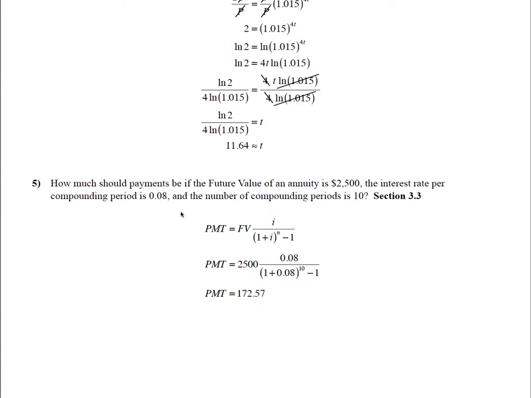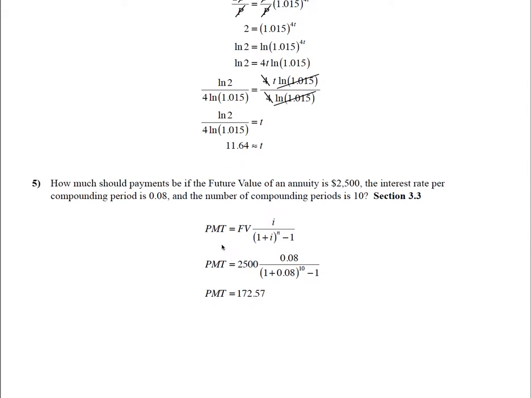And now question 5 asks us how much our payments should be if the future value of an annuity is $2,500. The interest rate per compounding period is 0.08 and the number of compounding periods is 10. So this very explicitly tells you what values to place into every variable except the one that you're looking for, which is how much your payments should be.